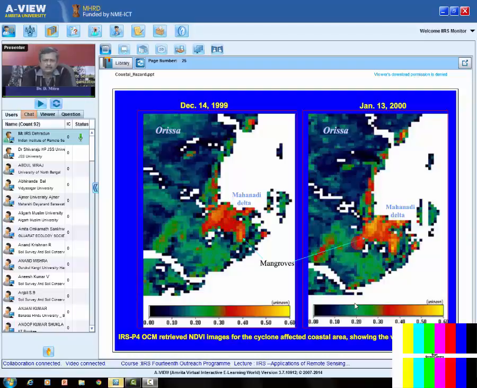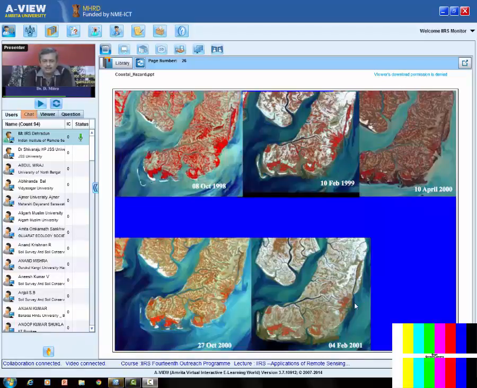In this way, you can temporally monitor how the area has reacted to disasters and how it is responding to that calamity. This is also multi-temporal satellite data in the Gulf of Kutch, showing the status of the coastal vegetation, mainly mangroves, and how it is changing with time, how you can find out the salt incrustation in this region and how it is causing damage to the mangrove patches.